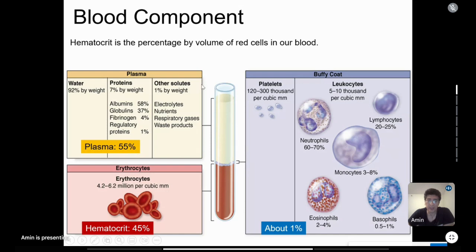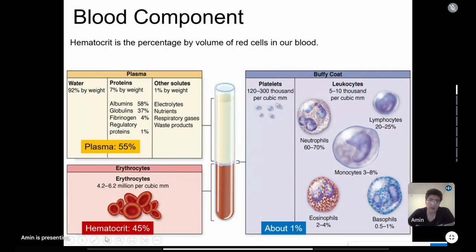Plasma is about 55% of whole blood tissue, in the top area. And erythrocytes are about 4.2 to 6.2 million per cubic millimeter, about 42 to 47%.